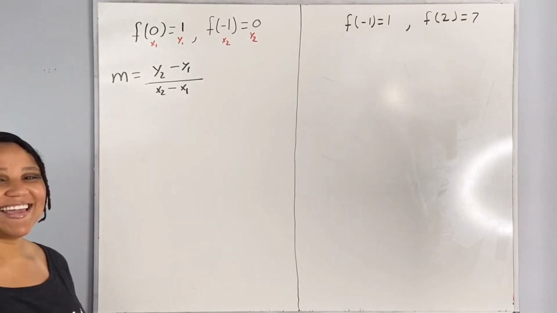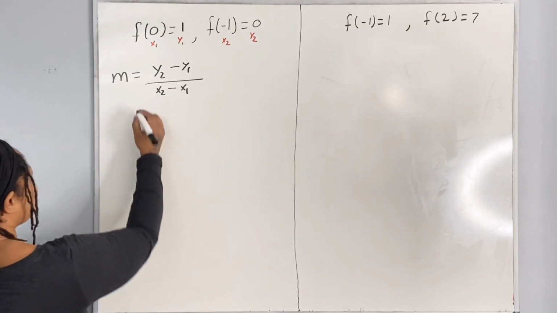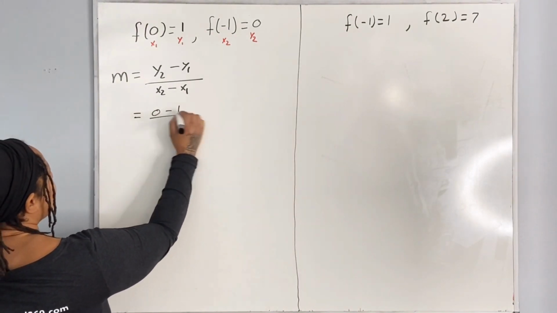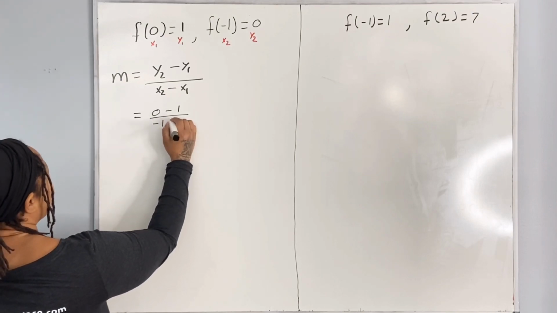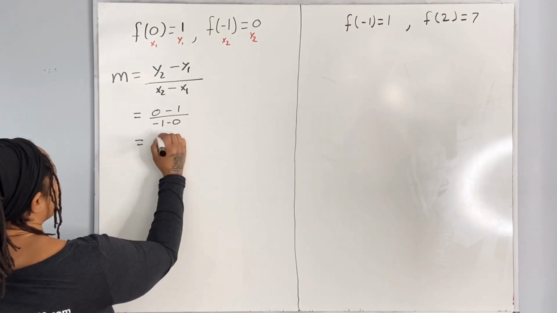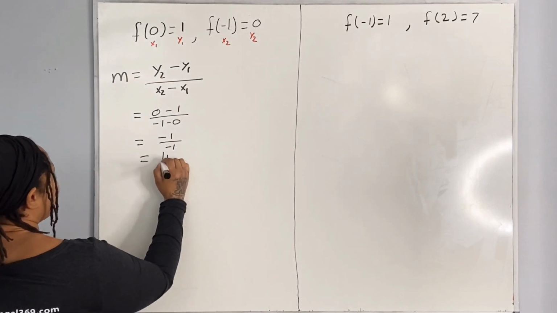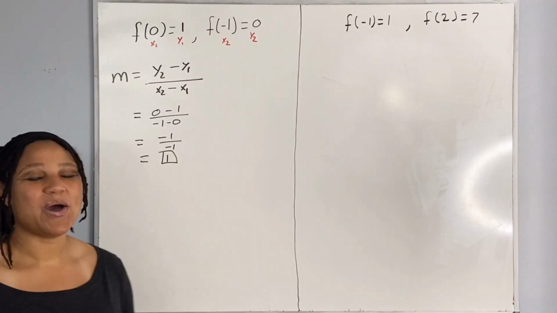So plugging those values into our formula, we have 0 minus 1 over negative 1 minus 0, which is equal to negative 1 over negative 1, which is equal to 1. So our slope is 1.